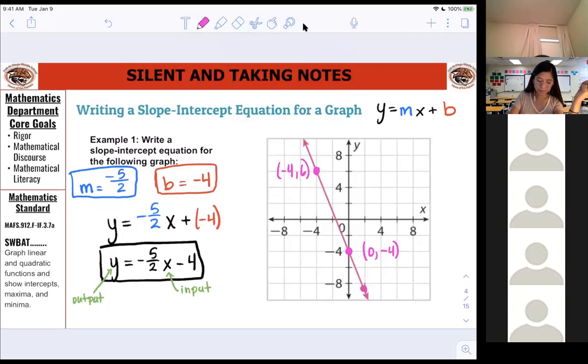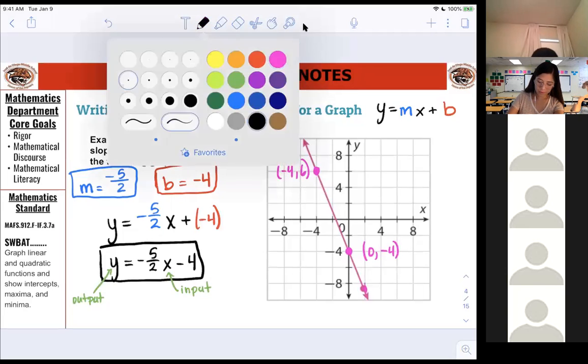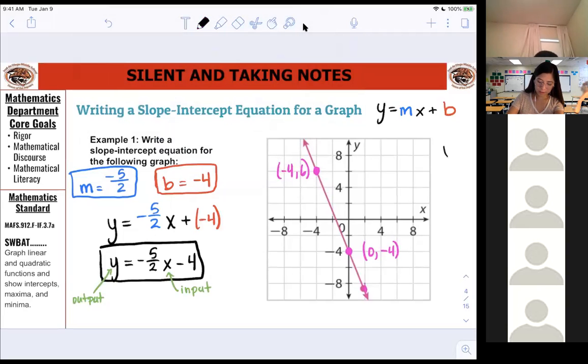So for example, if I had a nice table going, because remember, functions can be on a graph, can be on a table, they can be an equation. And I already know I have -4, 6, and I already know I have 0, -4, but I want to know what happens at the 2. I want to know where the graph is when the input is 2.